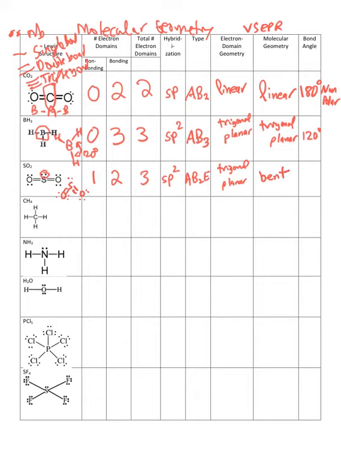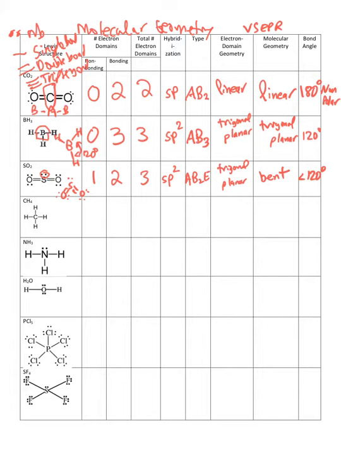And that bond angle is actually going to be a little bit less than 120 degrees. Those non-bonding electrons are more repulsive than any sort of bonding electron domain will be. And so it makes that angle be a little bit less than 120 degrees.